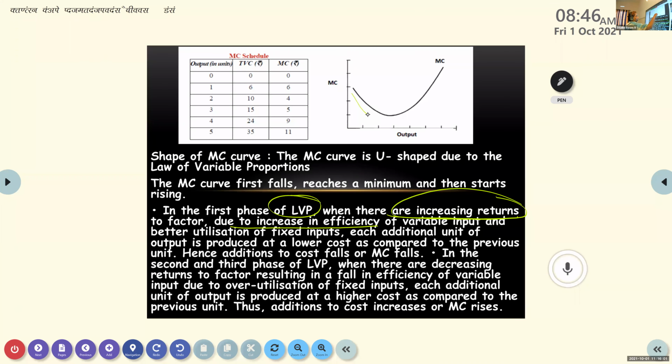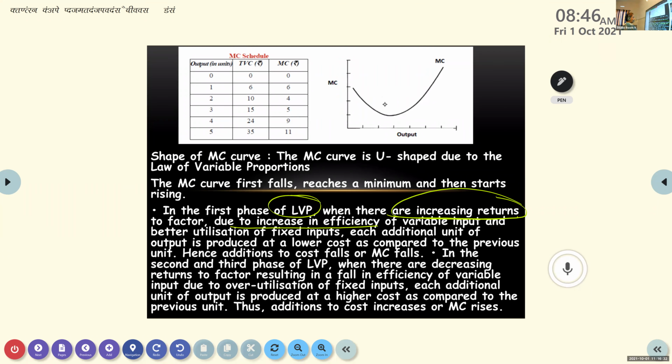Fixed capital, the fixed input, is also new, so its efficiency will be very high too. It will be increasing returns, so we can say that marginal cost will be falling.